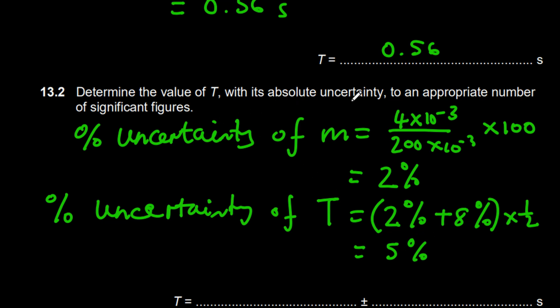Remember, we want the absolute uncertainty of the period t. We've got the percentage uncertainty here. So then the absolute uncertainty of t, delta t, will be this percentage times the value we got for t.